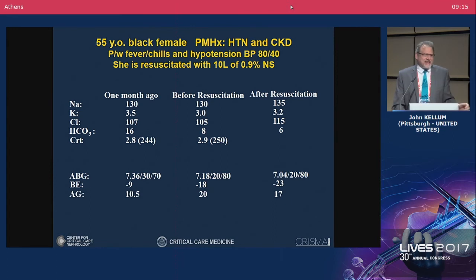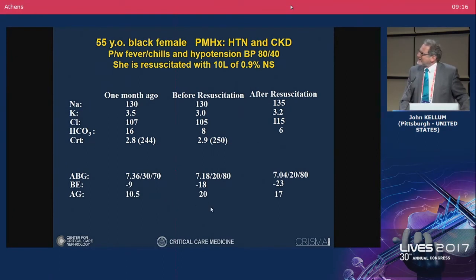The next question is, well, what kind of a metabolic acid-base disorder is this? And the anion gap is shown for you here. And because we had a prior gap, you could assume that this is an acute change, and so there's an increase in the anion gap. You don't usually have this available, so you'd have to analyze this. But either way, you can see there's been a change.